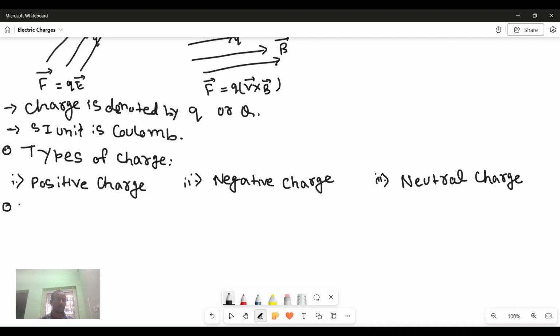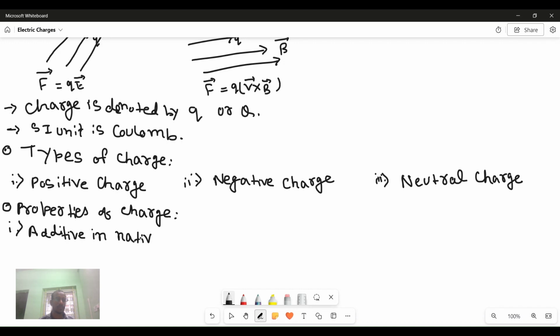Let's discuss the properties of charges. The first property is that charge is additive in nature.